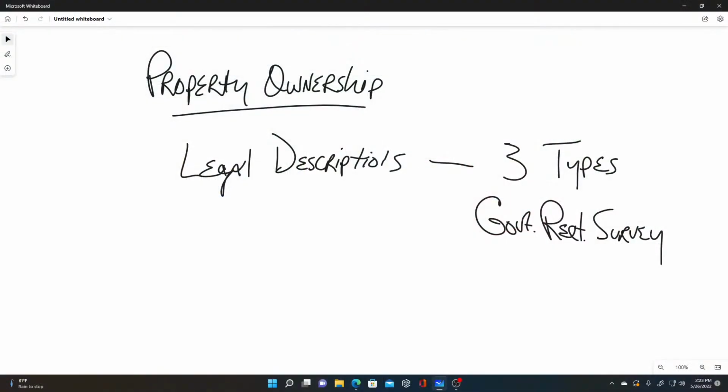But the second type of legal description you need to know, and the one I've heard is on the exam a lot, is called metes and bounds. Let me go over and write that down for you. Now, here's the question that you probably will see on the examination.